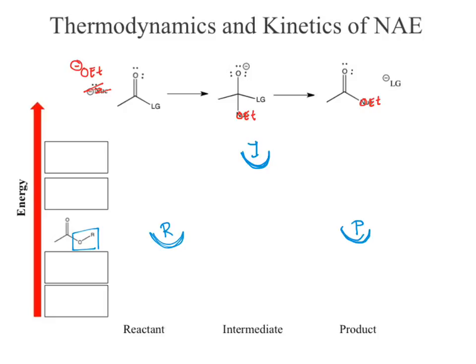Which means if we now run our reaction, we might expect an energy diagram along those lines, which would suggest we don't really advance our reaction forwards. The reaction we just ran was a transesterification. We started with an ester, we ended with an ester.